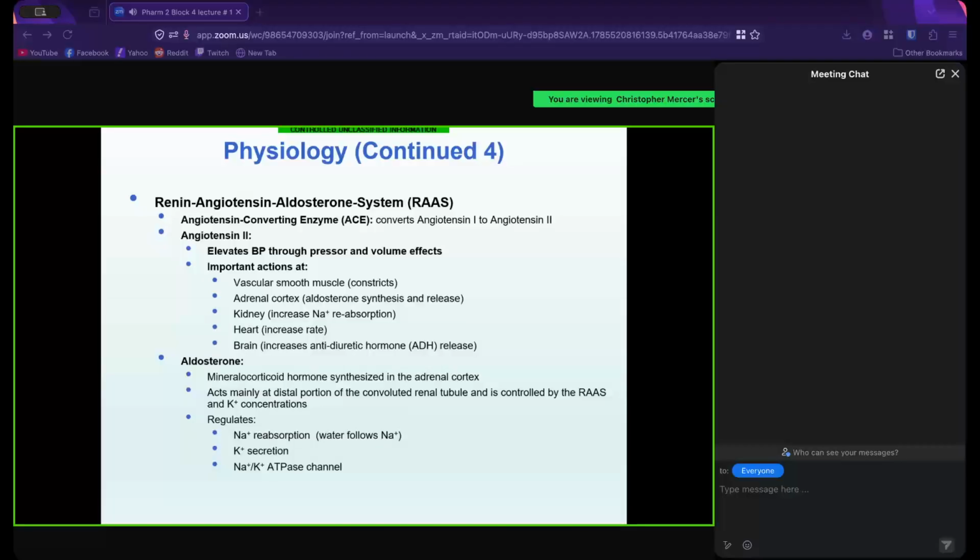So that angiotensin 2 being a huge vasoconstrictor, that's going to be where a lot of our blood pressure is coming from. Our elevated blood pressure is the potent vasoconstriction from angiotensin 2. And it does it, and it's on your slide in a lot of ways, right? So what does angiotensin 2 do? Constrictor.